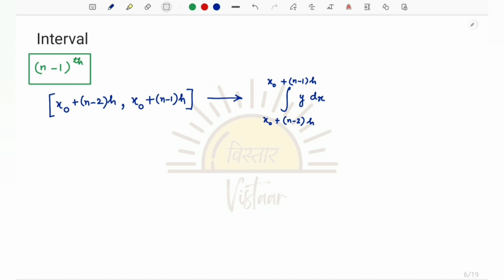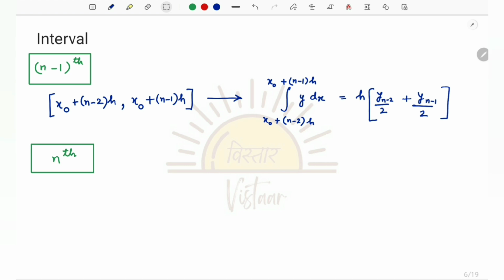Let's calculate the integral for the (n minus 1)th interval. Its limits will be x0 plus (n minus 2)h up to x0 plus (n minus 1)h. Its integration will be h times (y(n minus 2) divided by 2 plus y(n minus 1) divided by 2). So let's calculate this integral for the nth interval also. For the last interval, we will have the limits as x0 plus (n minus 1)h to x0 plus nh.